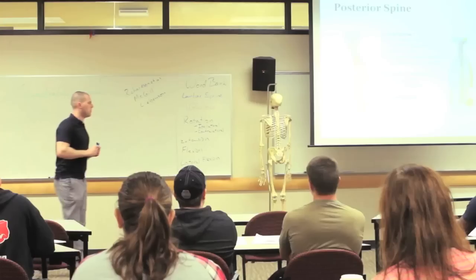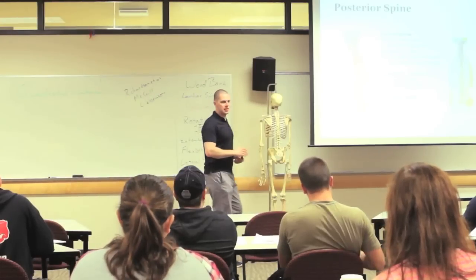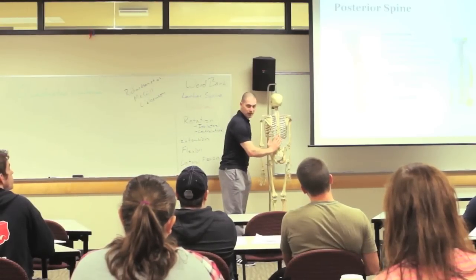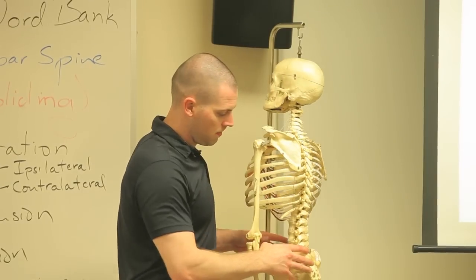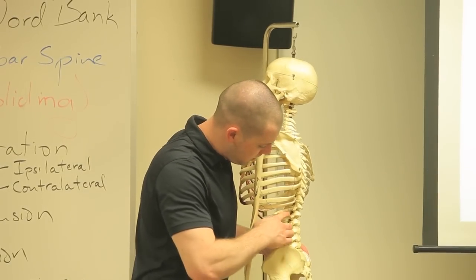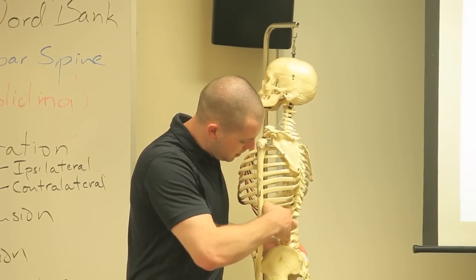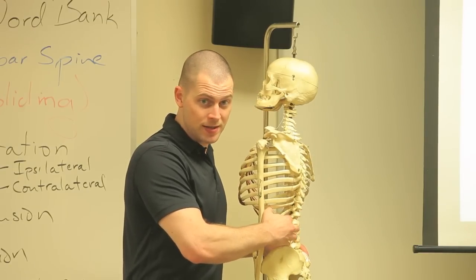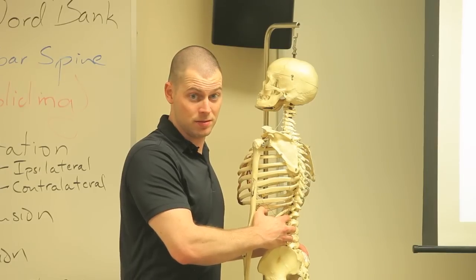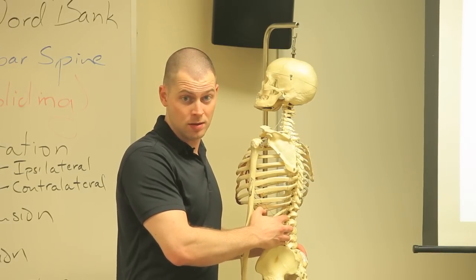The thing I want you guys to keep in mind, though, is this isn't a superficial muscle. It's a 12th rib to posterior ilium with some connections into the transverse processes. It's actually a very deep muscle, comparatively.